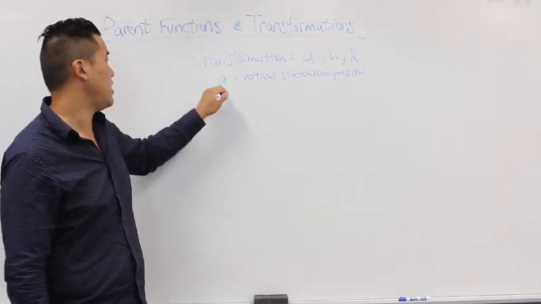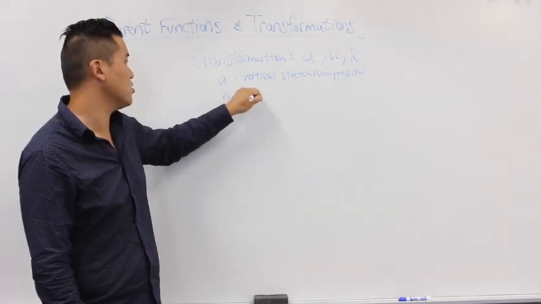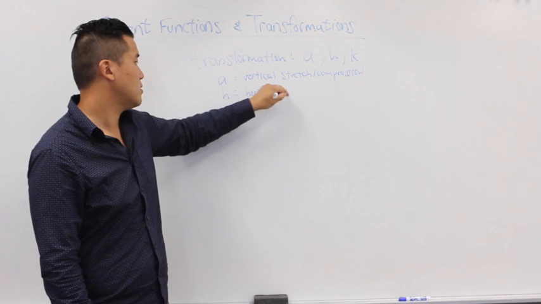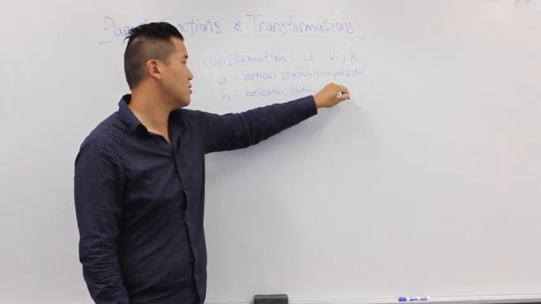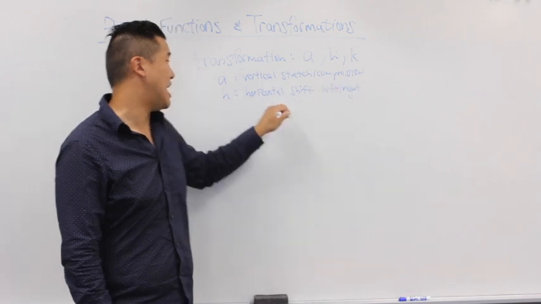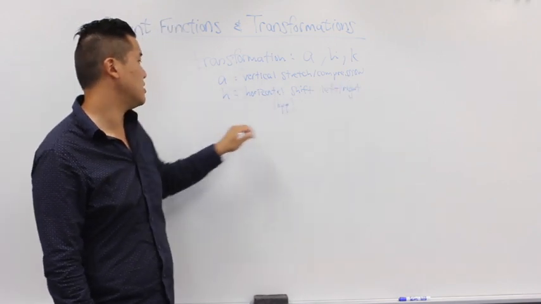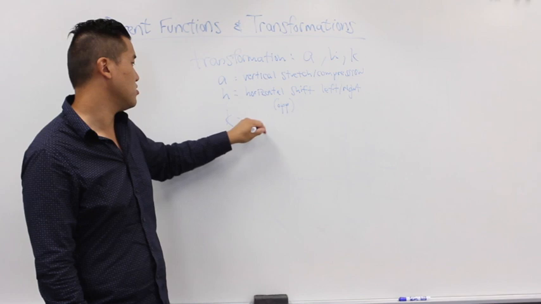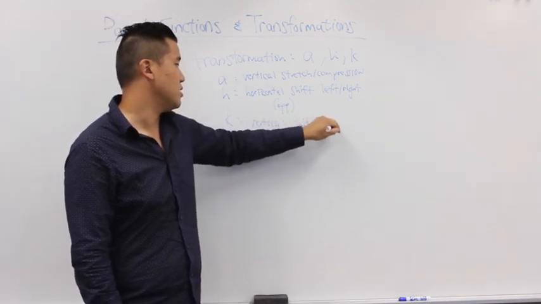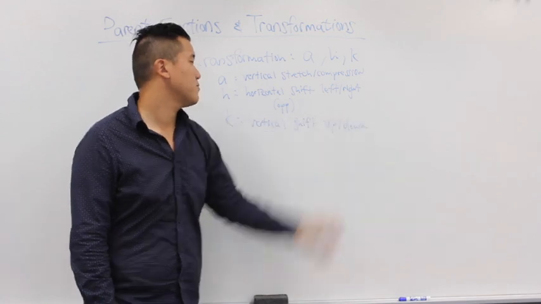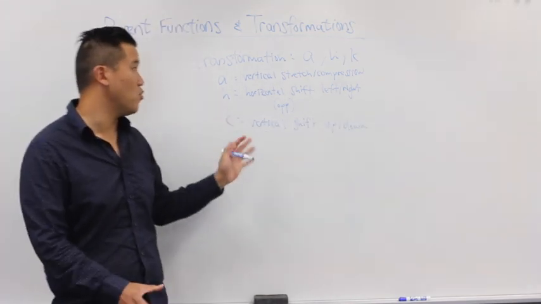Your h value stands for horizontal, so it's your horizontal shift, left and right. I'm going to put opposite, because we're going to use that a lot. And then k represents your vertical shift, up and down. So you have to know where they're at.